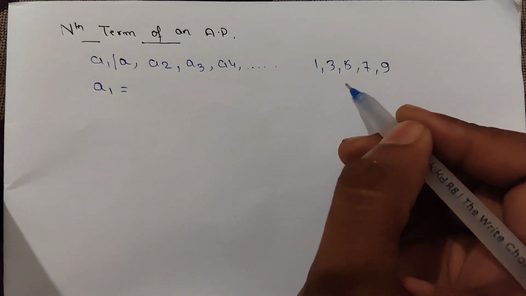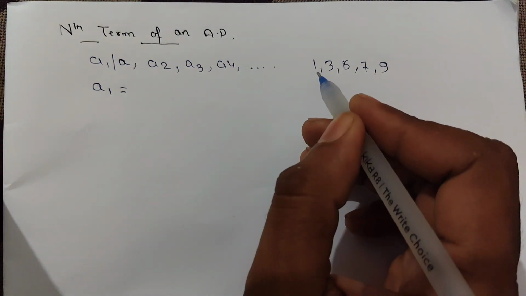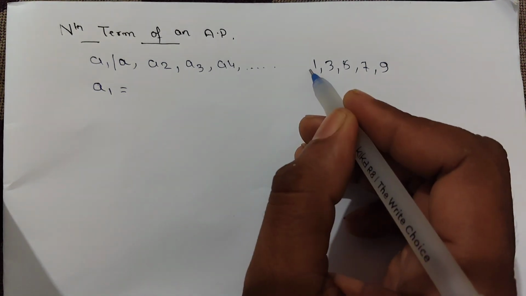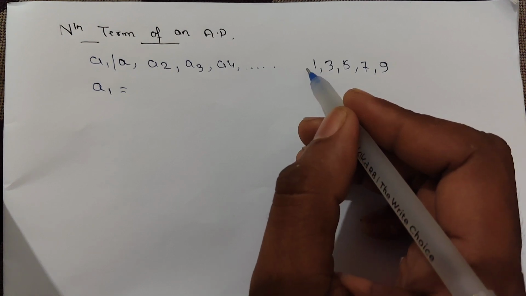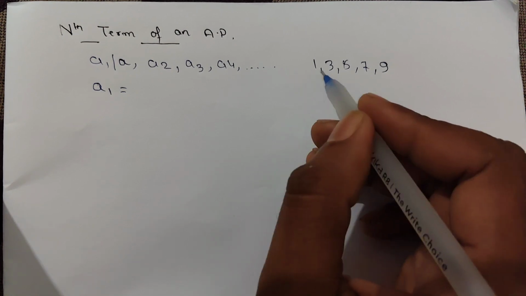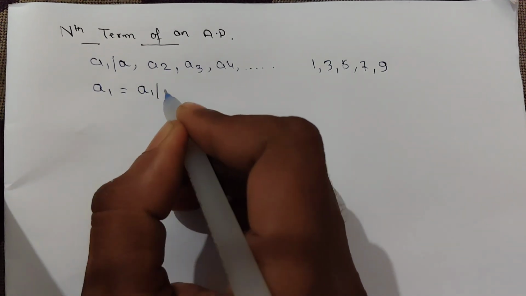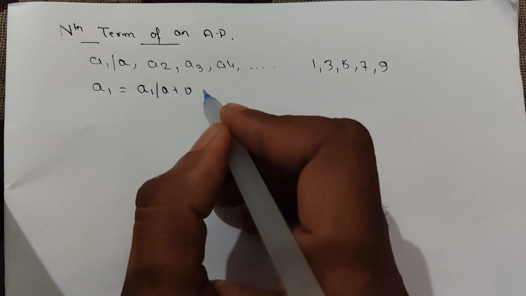A1 means the first one, and A also means the first one. So how to get A1? We do not have any number before A1, before 1. So what I have to do is write directly A1, or you can say A plus 0. Can I write that?